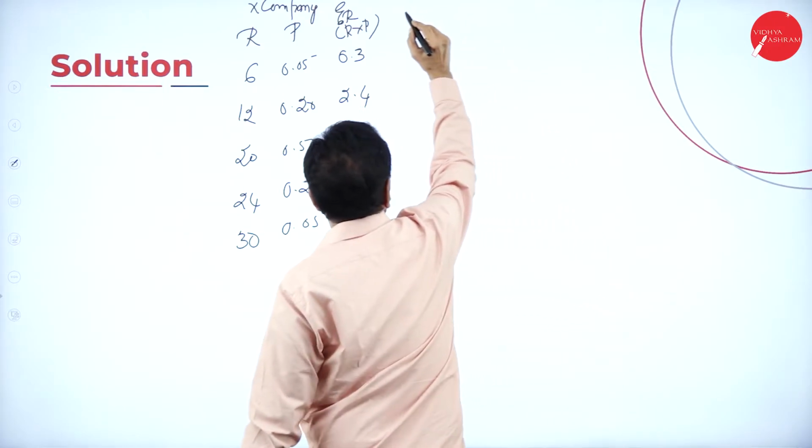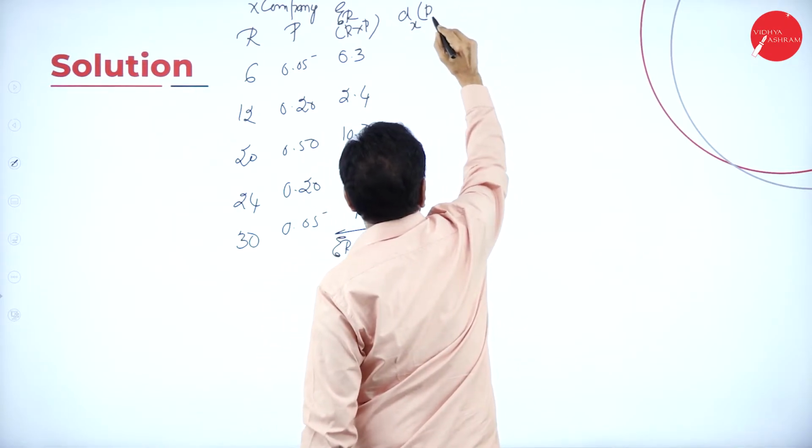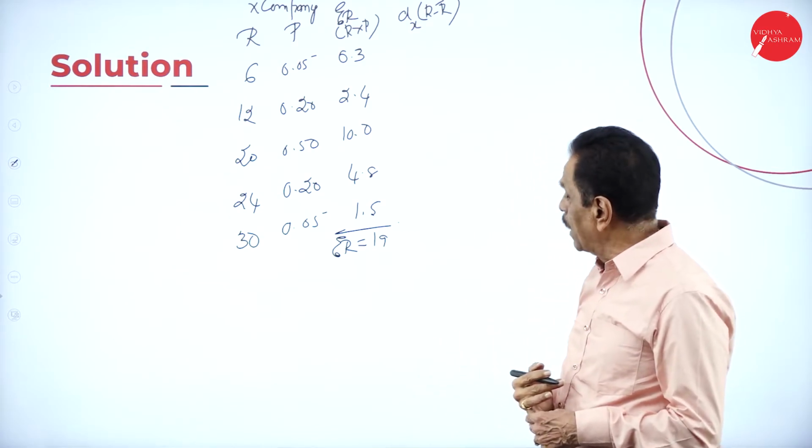D is nothing but dx, r minus r mean. Deviation of x, r minus r mean.